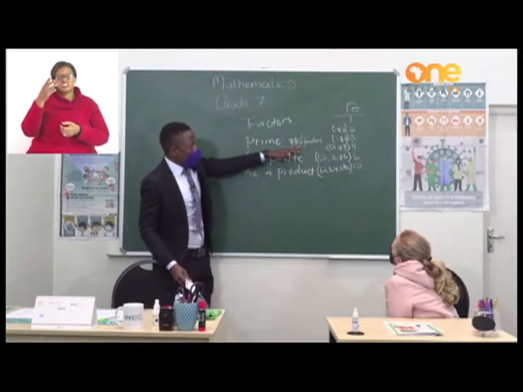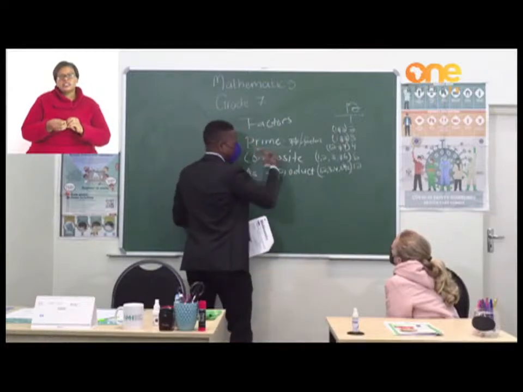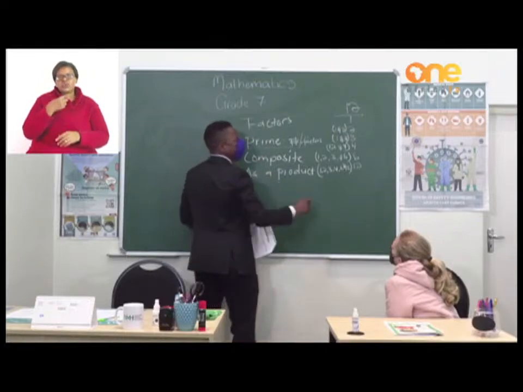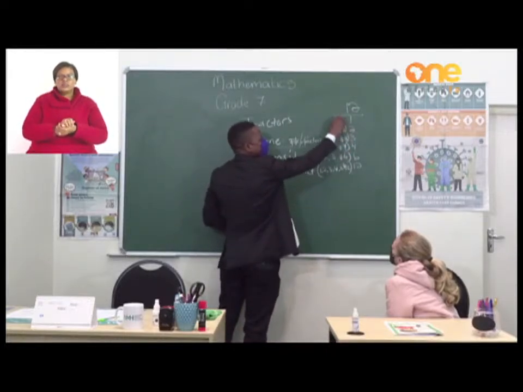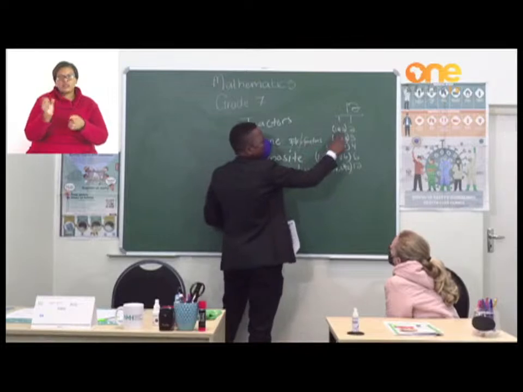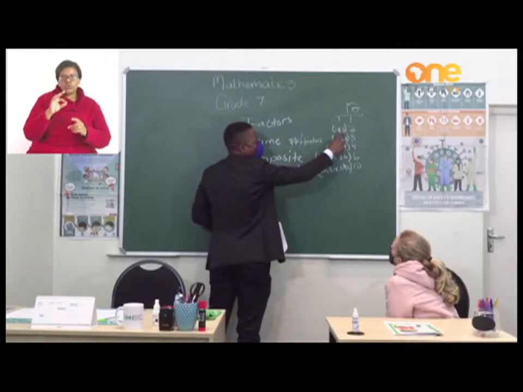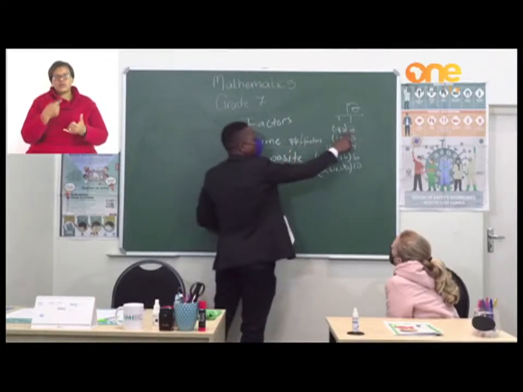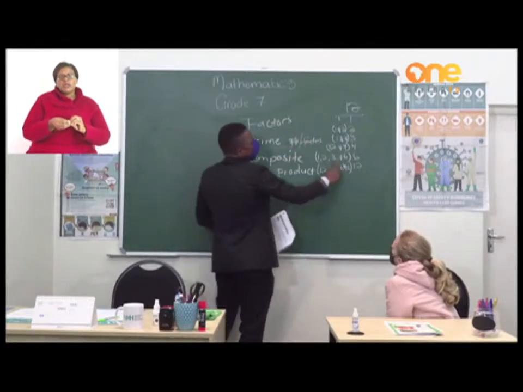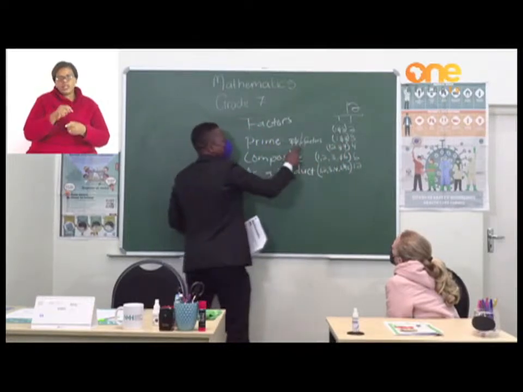A prime number, in this case we say a prime factor, is any factor listed here which has only two factors. 1 has only one factor, so 1 is not a prime factor. 2 has two factors, 1 and 2. So in this case, 2 is a prime factor of 12. 3 has two factors, so 3 is a prime factor of 12.